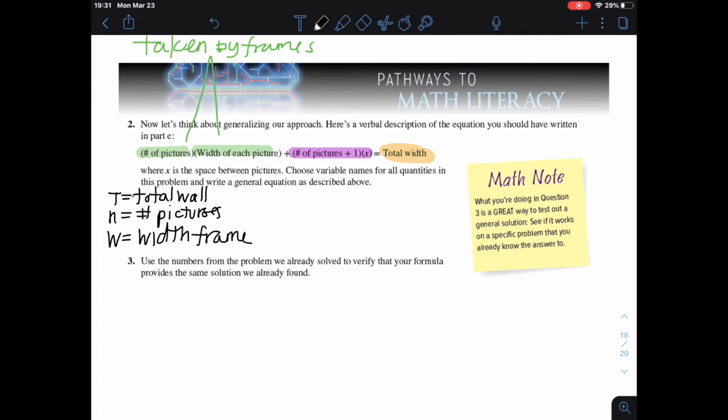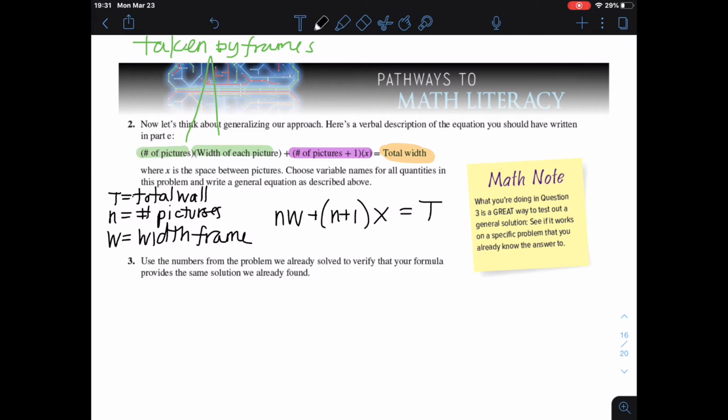So a nice equation that can help us is you take the number of pictures and times it by w. That's the total amount taken by the picture frames. We'll add to that the number of pictures plus 1, so n plus 1. That's our number of blank spaces, times that width of each blank space. And in total, this should equal the total width of the wall.